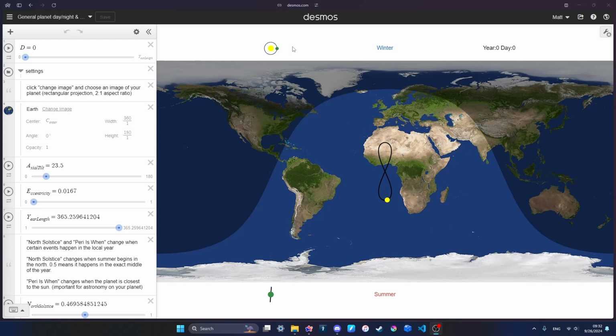Because rotation is predominantly an east and west thing. No, sorry. The Earth rotates west to east, which causes the sun to move east to west. Bit confusing, I know, but stick with me.